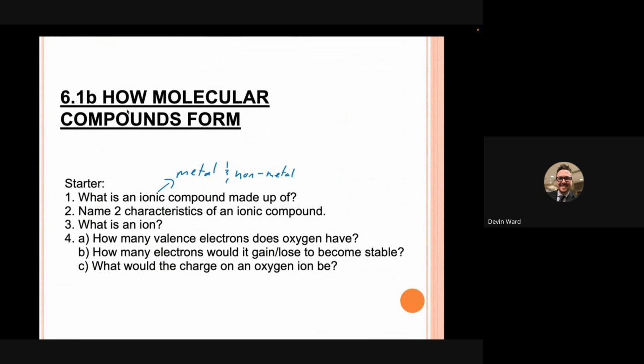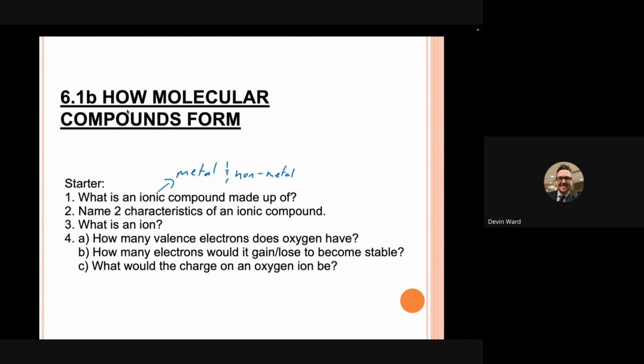So, properties of molecular compounds. Ionic compounds, remember, are conductive. They are usually solids, and they form crystalline structures. Molecular compounds meanwhile have very low melting and boiling points, whereas ionic were very high. So molecular compounds can be solids, liquids, or gases at room temperature. Carbon dioxide is a gas at room temperature.